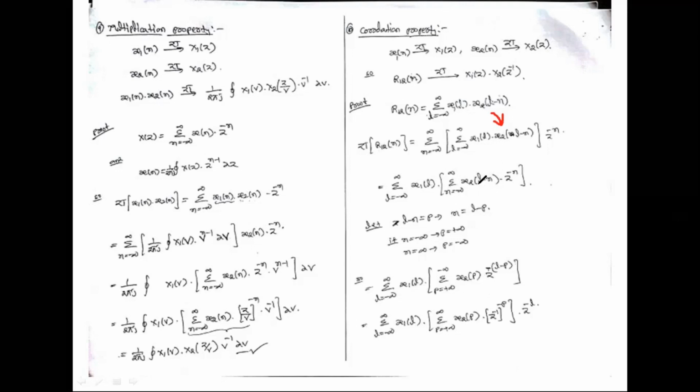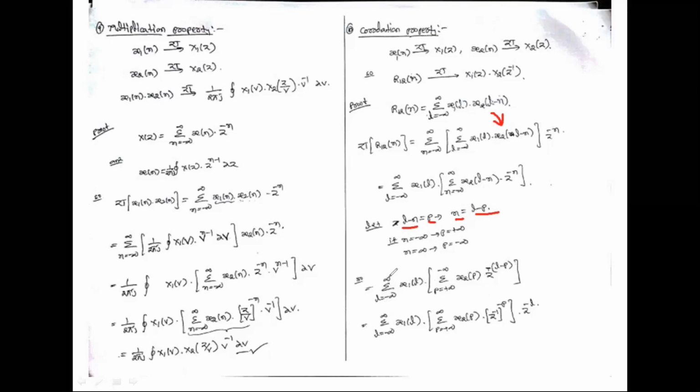Otherwise, without knowing that, simply substitute l minus n equal to P, where n is equal to l minus P. Where n varies from minus infinity to infinity, P also varies from plus infinity to minus infinity, because when n is minus infinity, P becomes a plus value. The summation from minus infinity to infinity or from plus infinity to minus infinity, both are the same. Nothing is different.